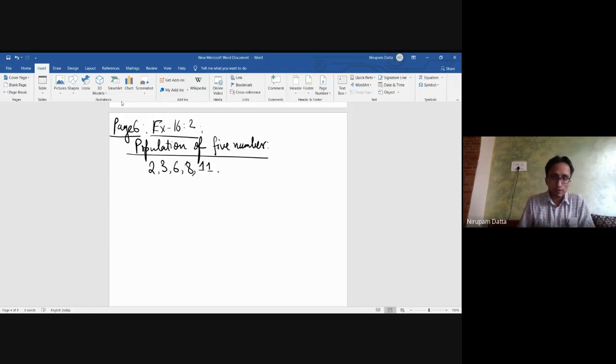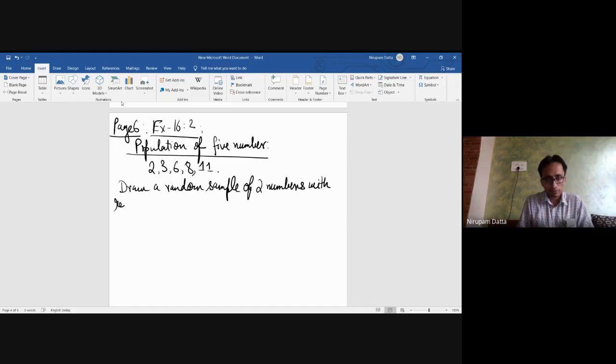Out of these 5 numbers you can draw a random sample of 2 numbers with replacement.